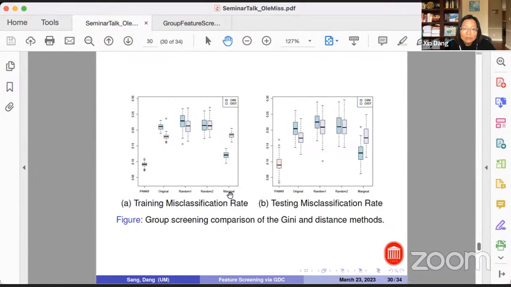And the marginal really helps for all the groups, because it produces the second smallest classification error here also. The blue is the Gini, and the purple one is the distance. So you can say that overall, the Gini-selected model is better than the distance-selected one.